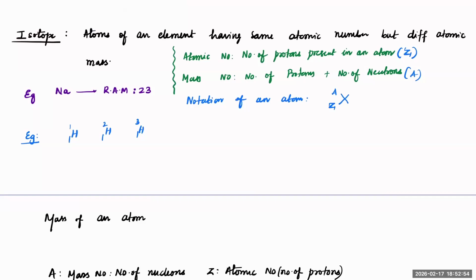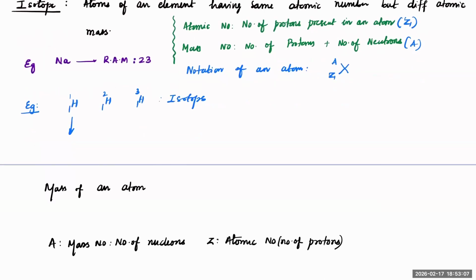Such cases where the mass number differs but the atomic number is the same are isotopes. And these isotopes have particular names. The first one is protium. Next, this is called deuterium. And the last one is called tritium.